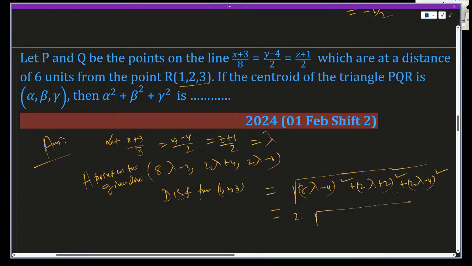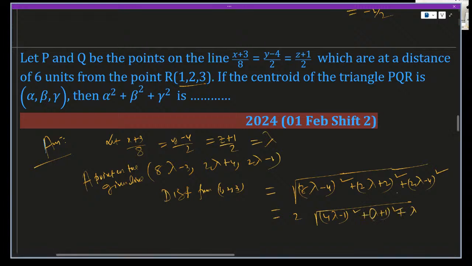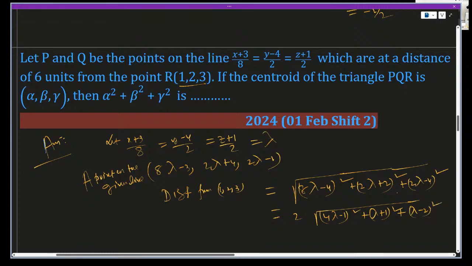So if you have taken 2 common from here, this is going to be 4 lambda minus 1 whole square plus lambda minus 2 whole square. So 2 into 16 plus this, 18 lambda square minus 8 minus 4 minus 12 plus 2 and this plus 6.